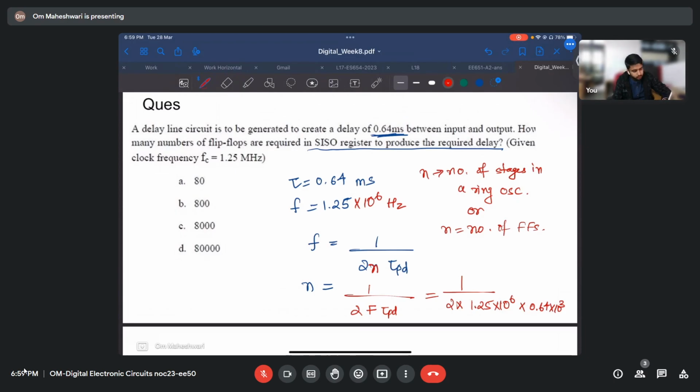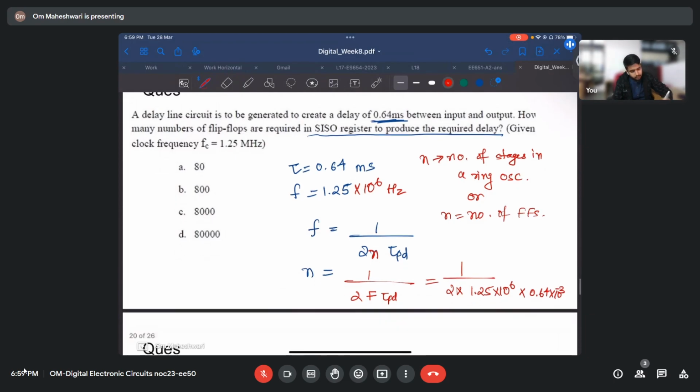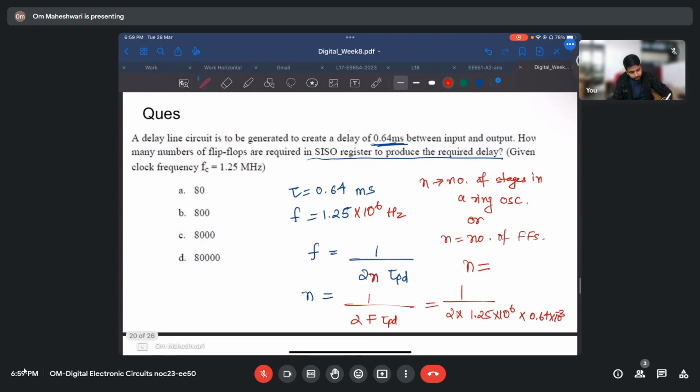So if you solve this, we should get n equals 800. So we need 800 flip-flops to generate this much delay, right?